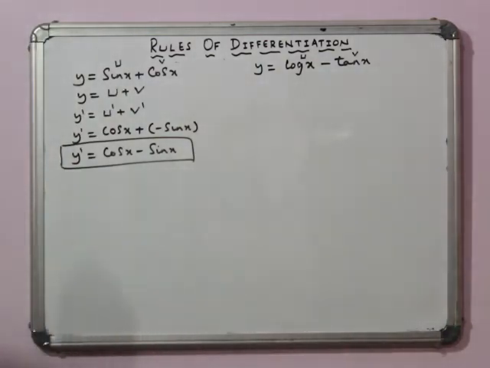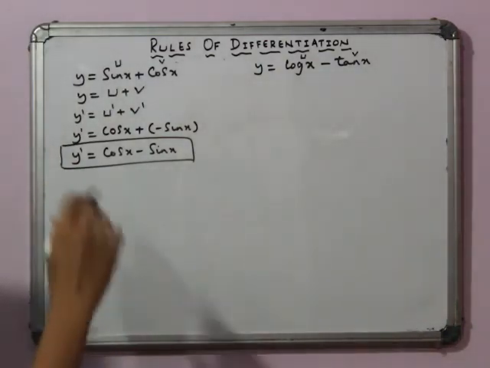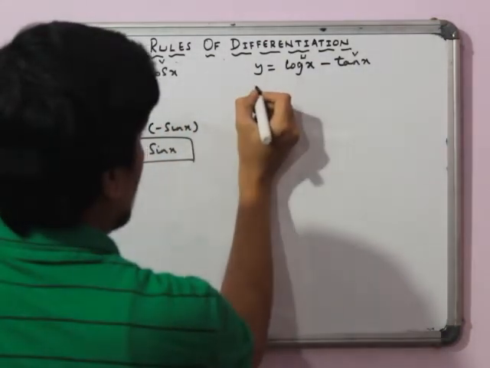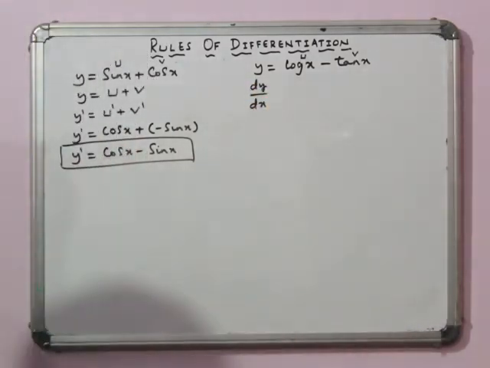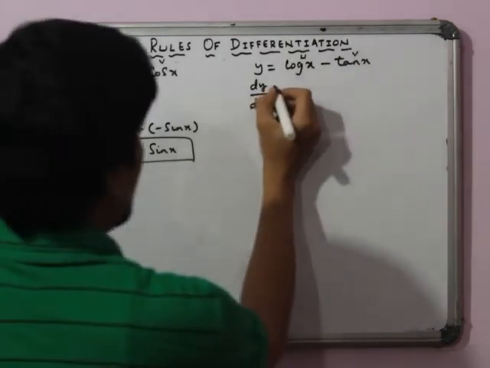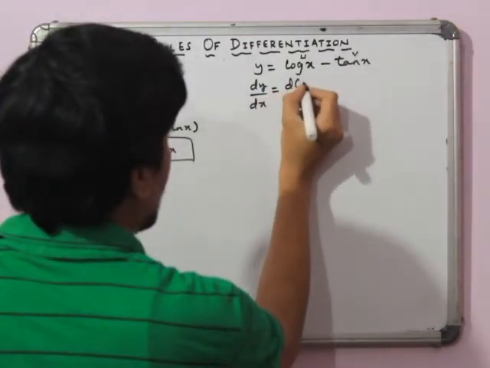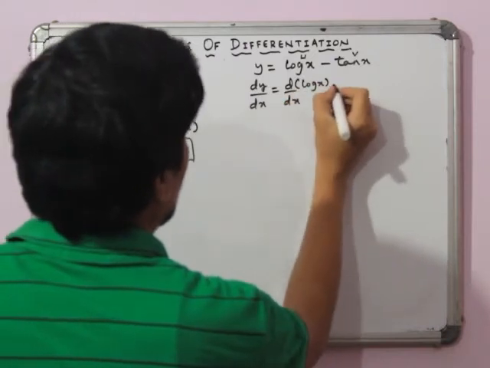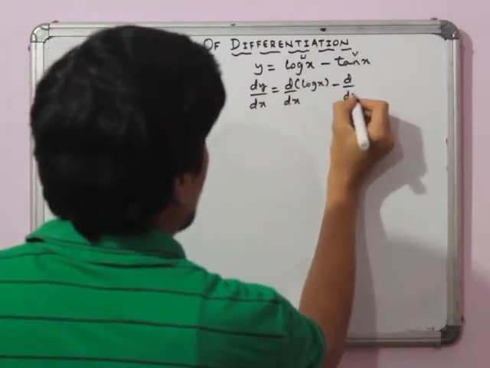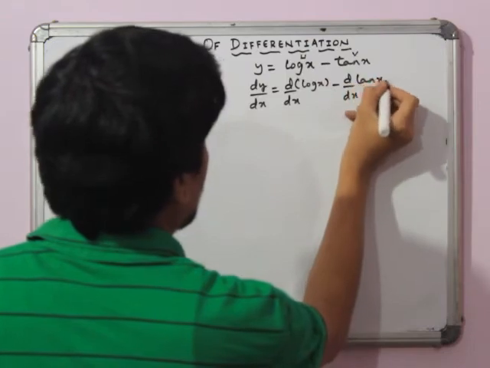Or to write it stepwise, we will solve it another way. Dy by dx is equal to differentiation of log x minus differentiation of tan x.